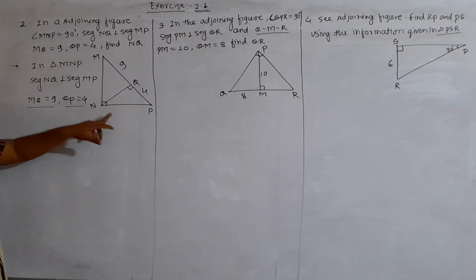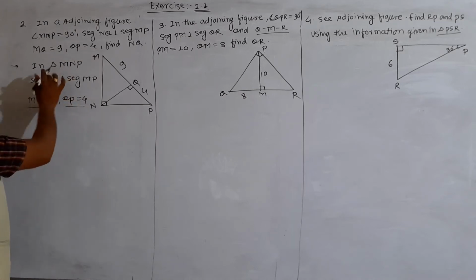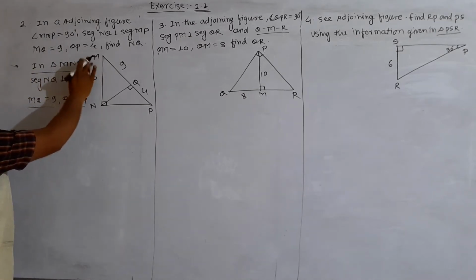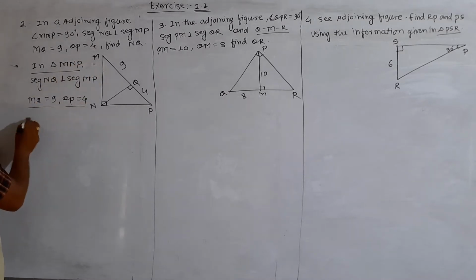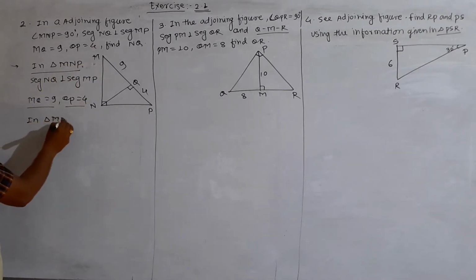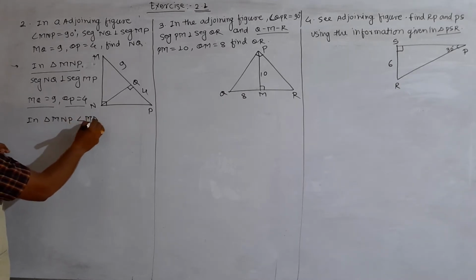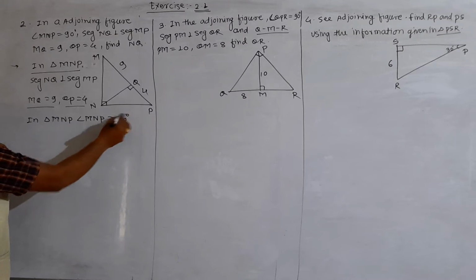So, whenever in a right angle triangle, remember that in triangle MNP, angle MNP is equal to 90 degrees.